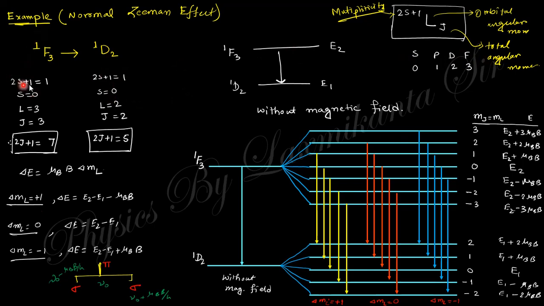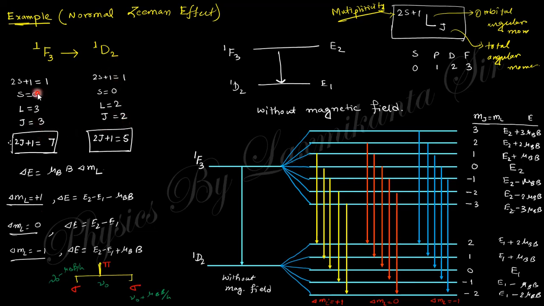The multiplicity 2S plus 1 is 1, so S is 0. Similarly here also, 2S plus 1 is 1, so S is 0. Here for F, L is 3; for D, L is 2. So what is the value of J? Here J equals 3 and J equals 2. In other words, J equals L plus S. So J equals 3 is written here, and J equals 2 is written here.